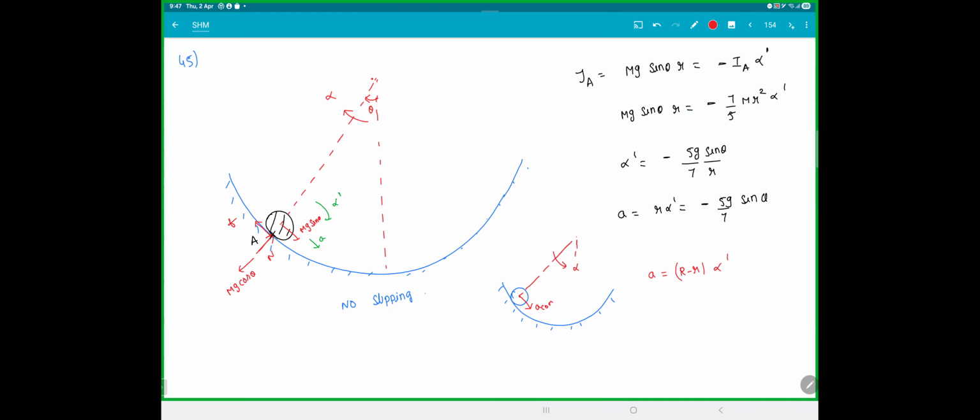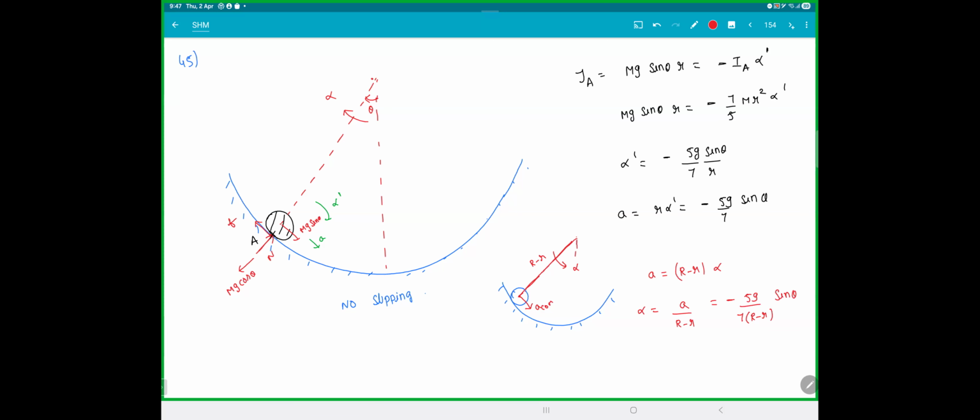Agreed? The acceleration of this, sorry, R minus r into alpha, because the rotation of this line with alpha, that is R minus r, will give you A. So we get alpha is equal to A by R minus r. This will be minus 5g by 7 (R minus r) sine theta.